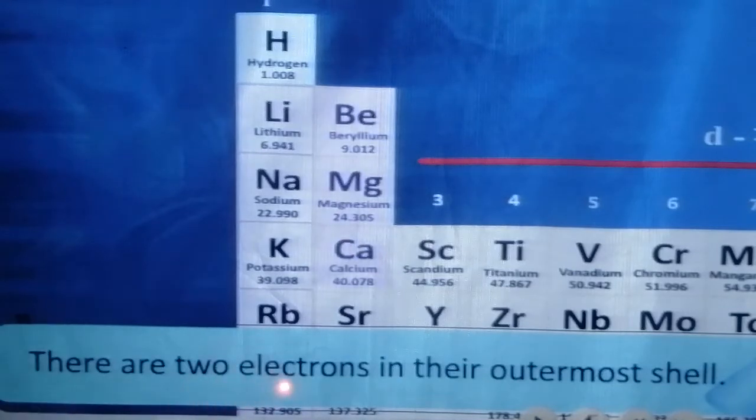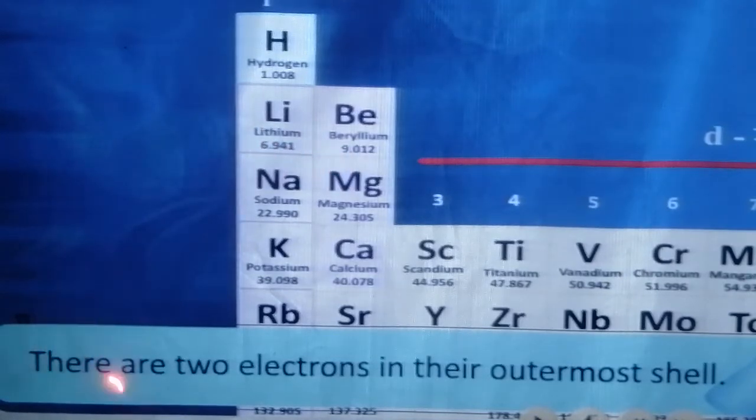There are 2 electrons in their outermost shell. That's why they give 2 electrons to other elements, and that's why this valency is 2.